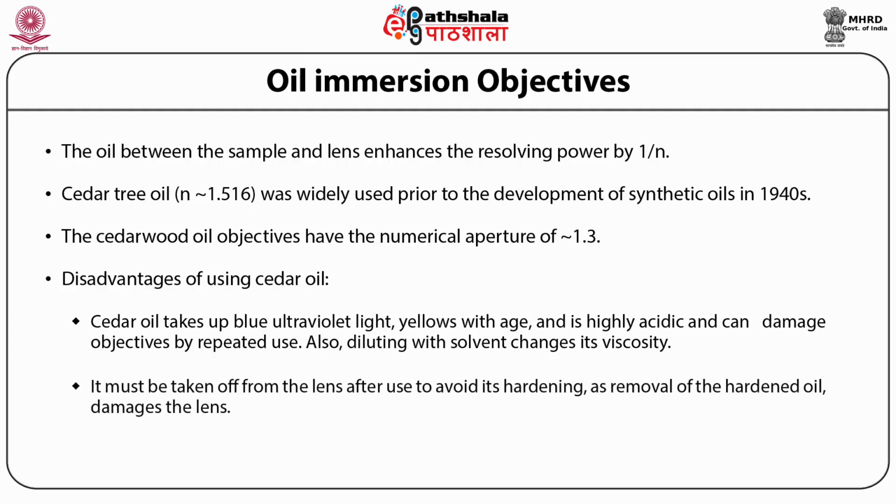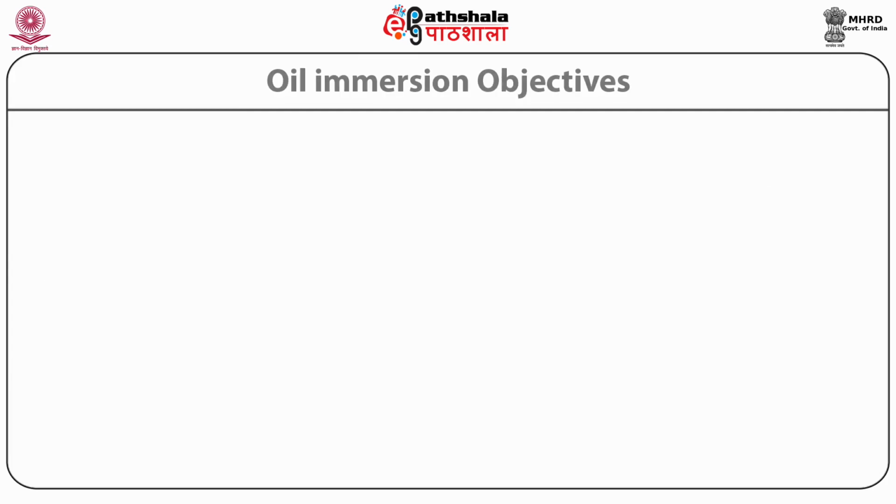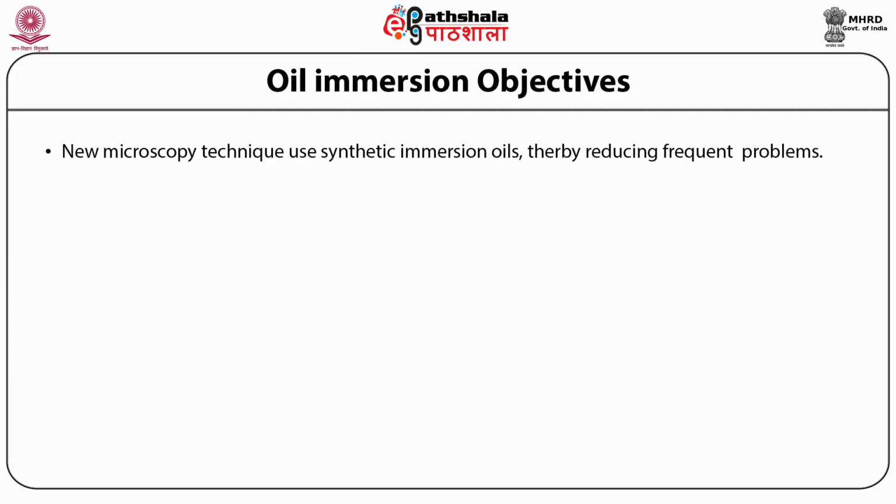It must be taken off from the lens after use to avoid its hardening, as removal of the hardened oil damages the lens. New microscopy techniques use synthetic immersion oils, thereby reducing the frequent problems. Numerical aperture values as large as 1.6 can be obtained with different oils.